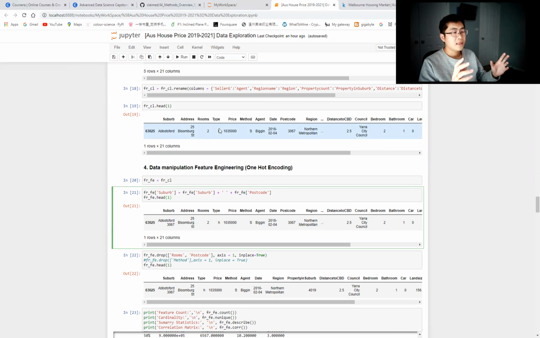Because we know at the same location, the price for the house and the townhouse will vary a lot because the block of land, the size of the building, and the extras like gardens, things like that are not included here, and the potential for value appreciation.